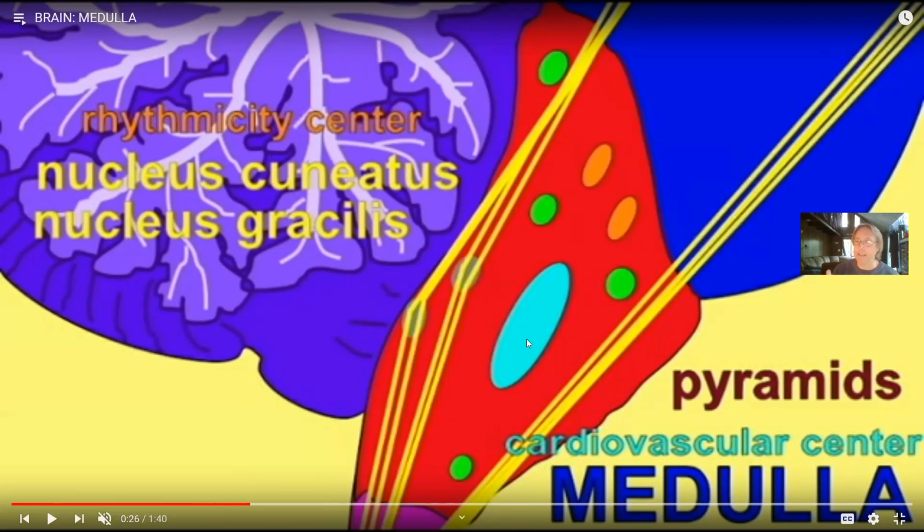You are constantly deciding, do I need to send blood more over here or more over here? This part of my body gets more blood during exercise. This part of my body gets more blood when I'm at rest, digesting my food, etc. And so the medulla has the major cardiovascular center, which is governing what should my heart rate be, what should my blood pressure be, where should blood be going in my body.